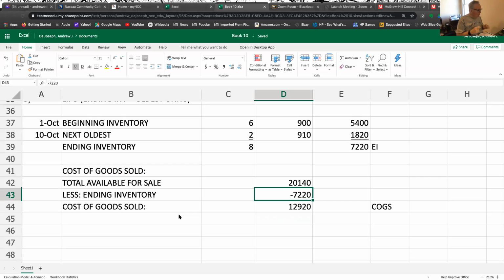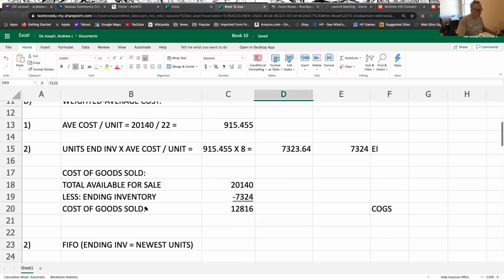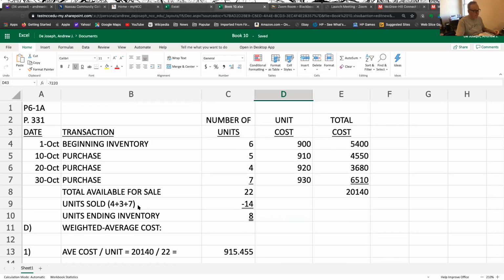All right, so now we're going to look at specific identification. Let's go back to the chart. Okay. Specific identification. Calculate ending inventory and cost of goods sold using specific identification number.